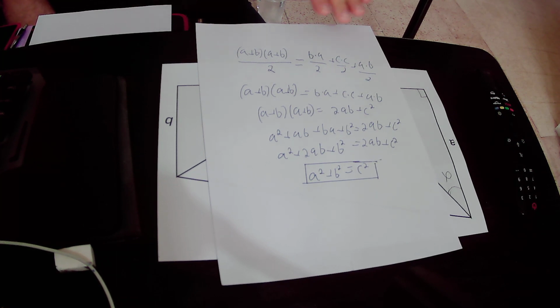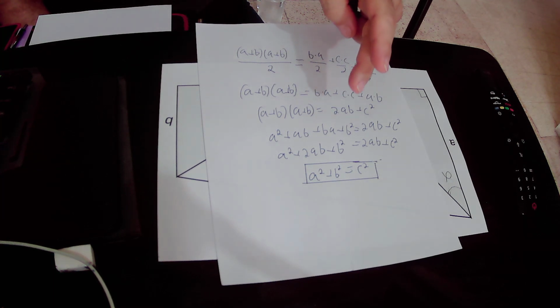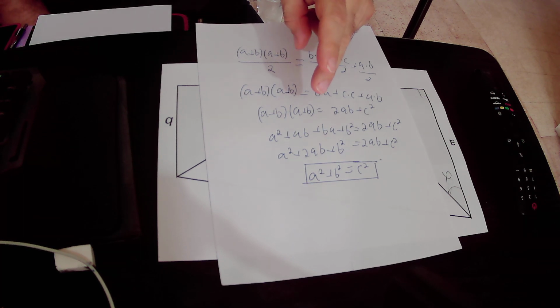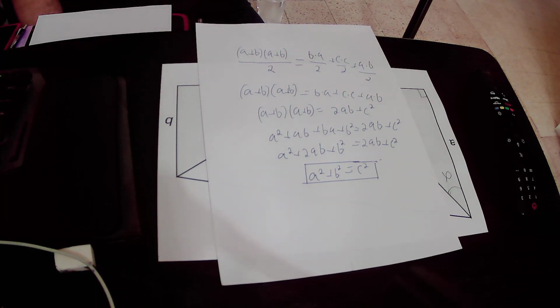After we developed this equation, we got the final result that says that the square of the hypotenuse in a right triangle is equal to the sum of the squares of the perpendiculars.